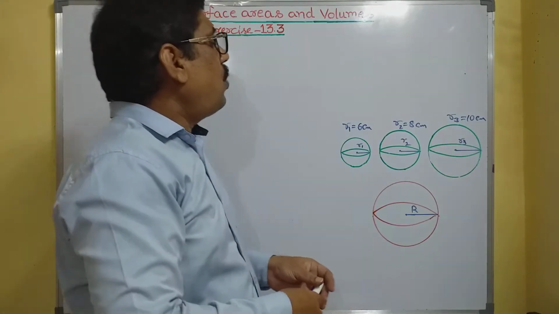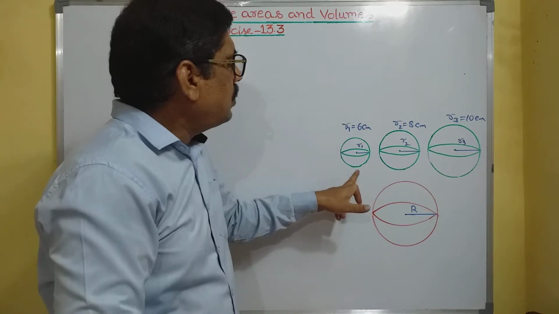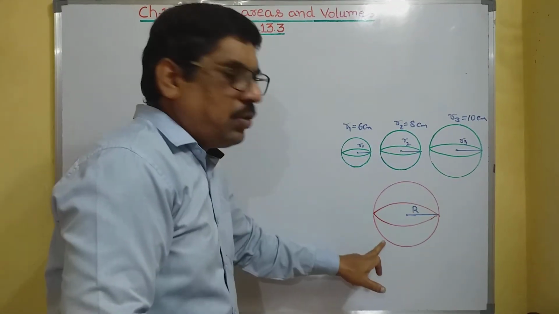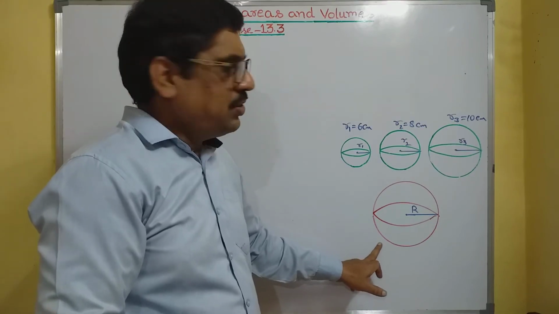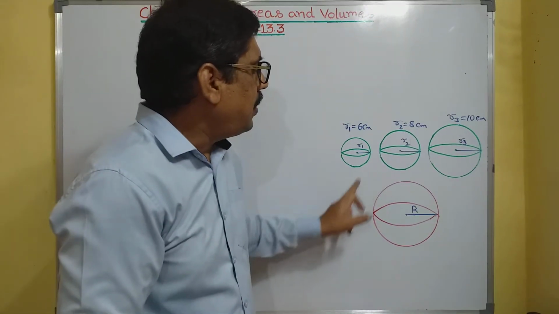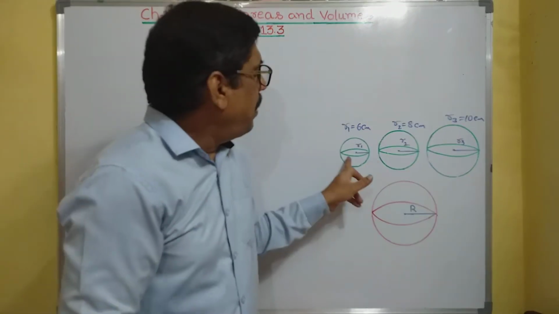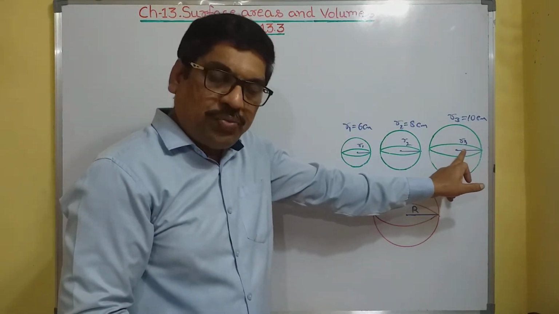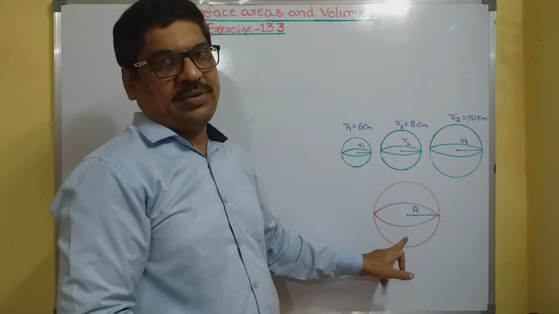So what will happen? The volume of this one plus this one plus this one is equal to this one. Why? Because this red color big sphere was made by melting these three. So the volumes of these three spheres is equal to the volume of this big sphere.